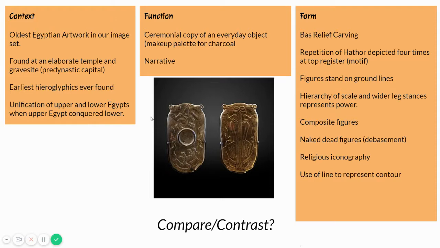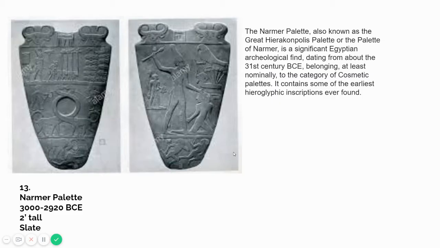So technically, this palette is a utilitarian object, but they used this utilitarian object and duplicated it to be this ceremonial object. And you can see here, this inset really duplicates that cosmetic use of the palette.